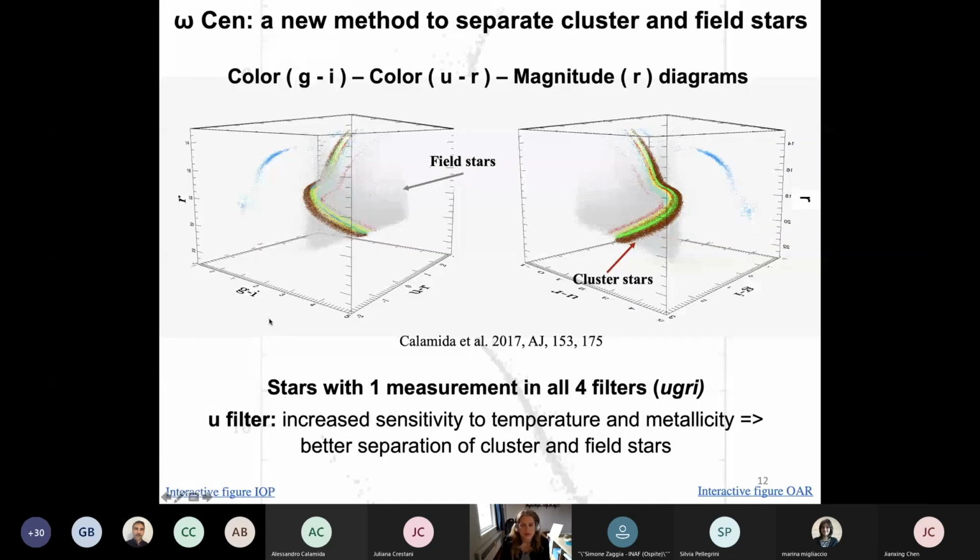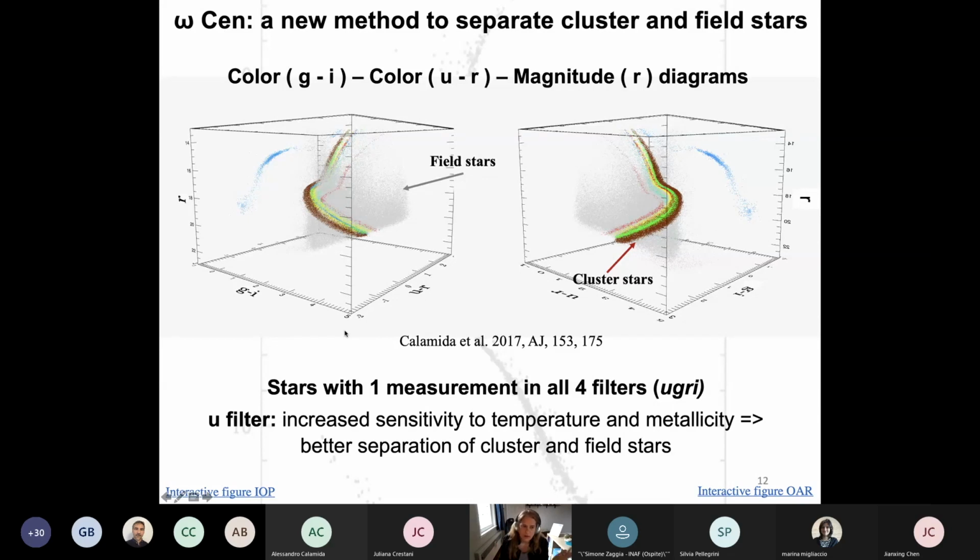So we devised a different method to separate the cluster from the field stars based on the color magnitude diagram. Remember, we have 4 different filters, and we have the u filter, which gives us increased sensitivity to the temperature of the star and also to metallicity.